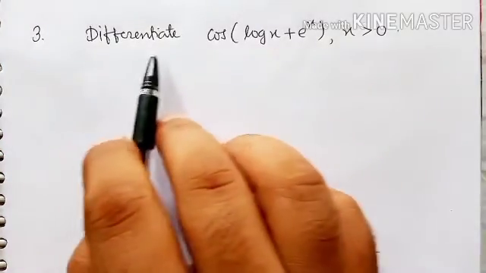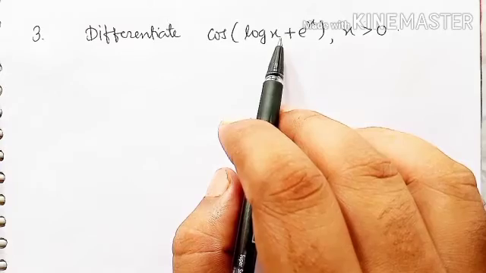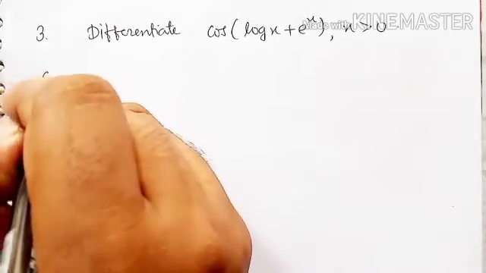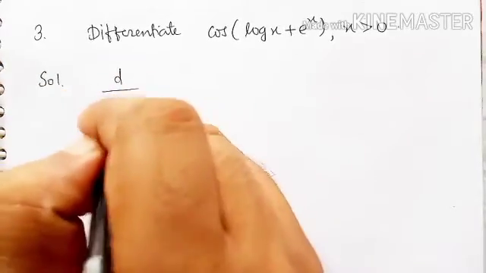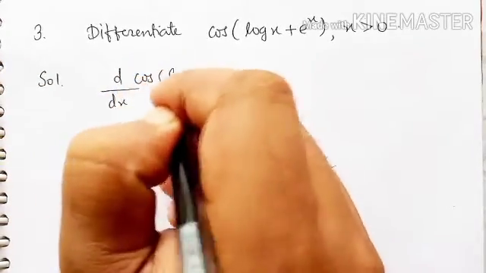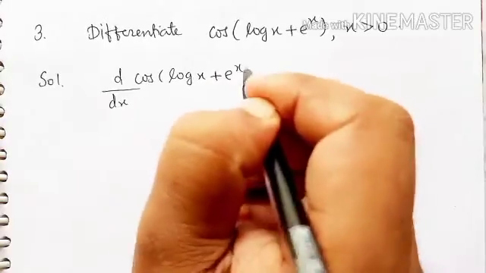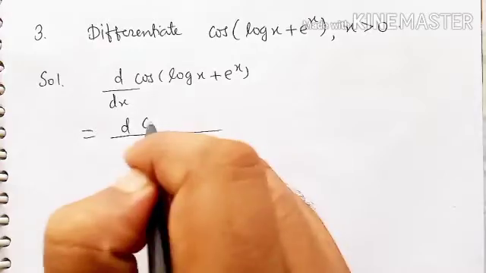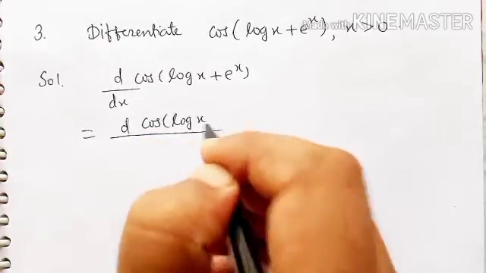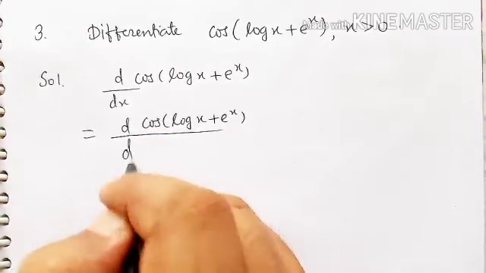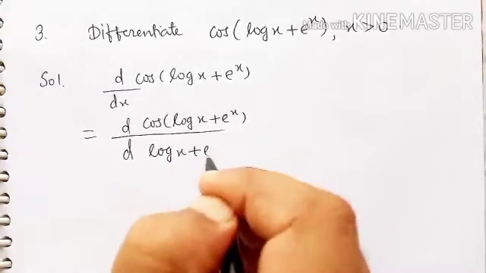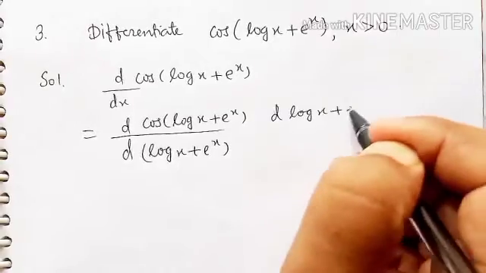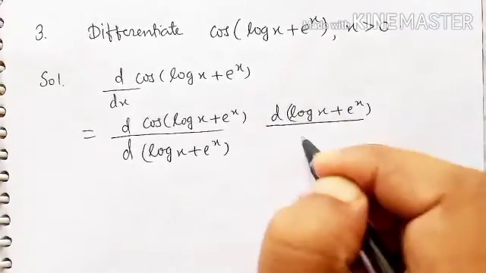Now 3. Differentiate cos of log x plus e to the power x where x is positive. We apply the chain rule. Cos of log x plus e to the power x is the function of log x plus e to the power x. This is the function of x.